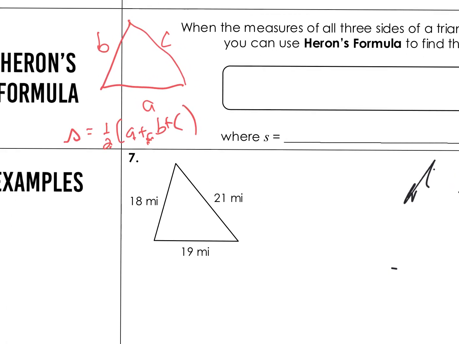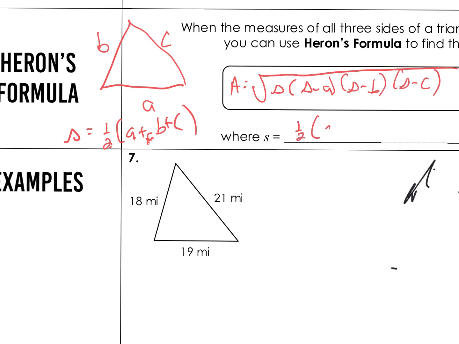Heron's formula says area will be the square root of S times S minus one of the sides, A, times S minus the other side, B, times S minus the other side, C, where S is 1/2 times A plus B plus C. But you really need to find out what S is first, so you can plug it in 4 different times.